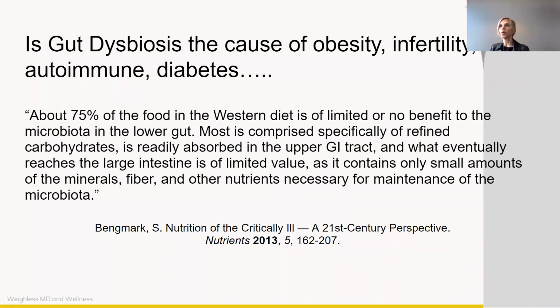It's readily absorbed, so it's causing these influxes in blood sugars. And it contains almost 0 minerals, 0 fiber. We're supposed to have like 40 to 50 grams of fiber a day, where the average is probably around 5 to 10. So that in itself is affecting the core, the foundation of our body.